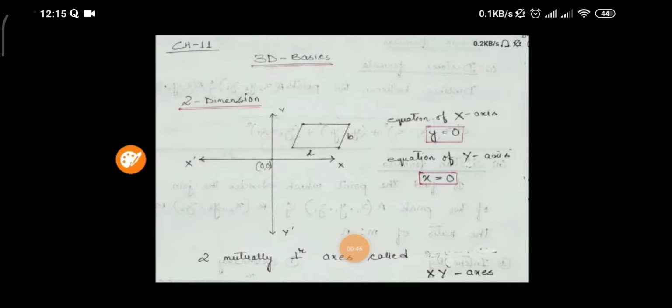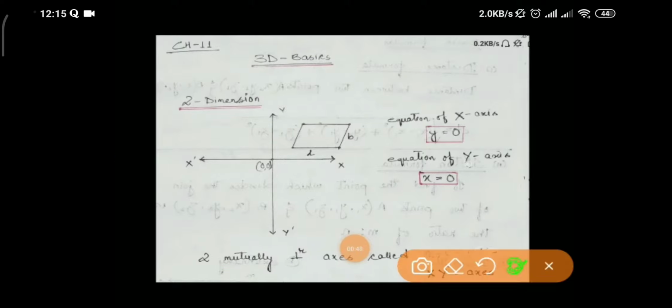Now let's talk about the equation of the x-axis and y-axis. When you're finding the equation of the x-axis, just think from where it is passing. Look at the y-axis and tell me from where it is passing. It is passing from y equals to 0.